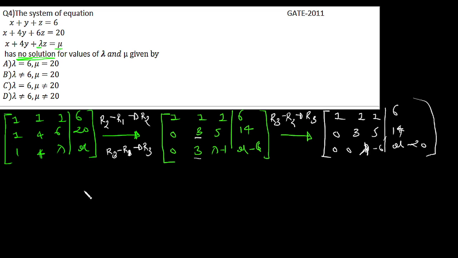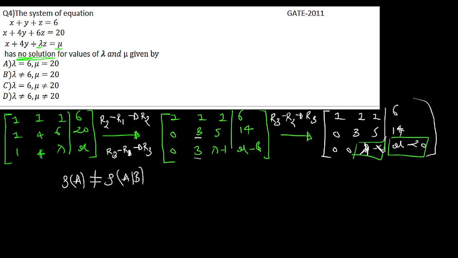Now you can see, we know if the system is inconsistent, then the rank of the coefficient matrix must not equal the rank of the augmented matrix. This whole matrix and the coefficient matrix must have different ranks for the system to be inconsistent. So suppose we make this element 0 and this element non-zero, then this condition will be satisfied.